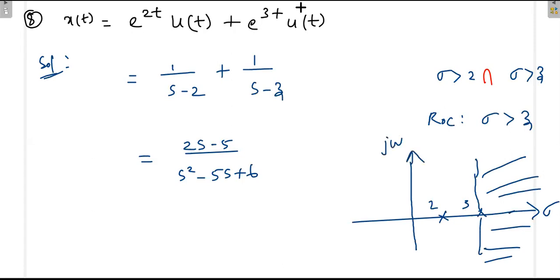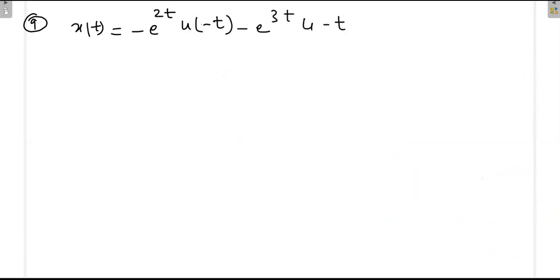Then the next set, ninth problem. Ninth problem, x of t is equal to minus e power 2t u of minus t minus e power 3t u of minus t.